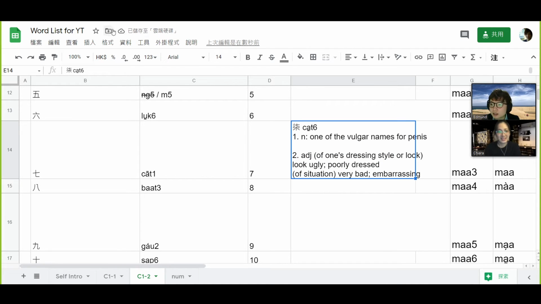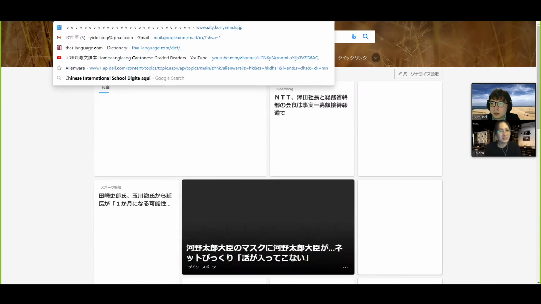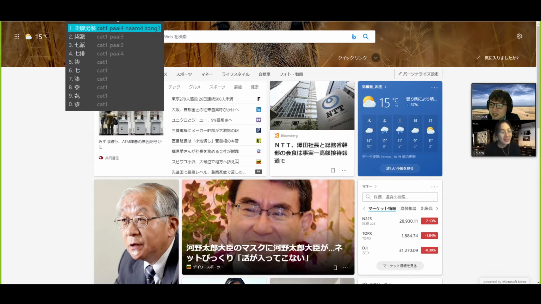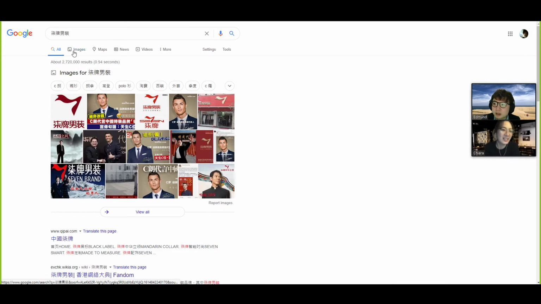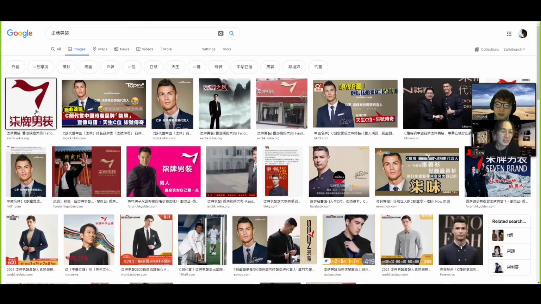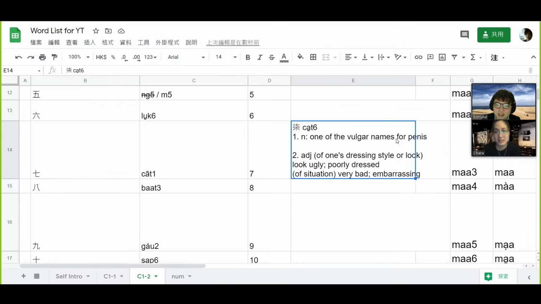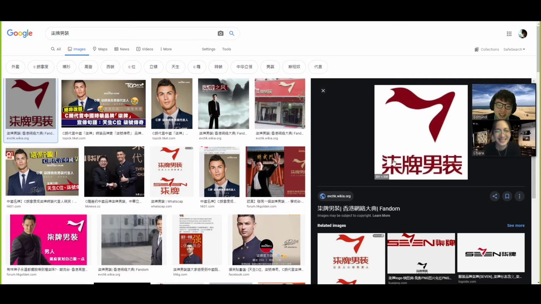But in China there is a fashion brand using this word. Of course it does not mean anything in Mandarin. But in Cantonese it means you look bad, dressing ugly, poorly dressed. So Cantonese speakers are very happy when they see this name.